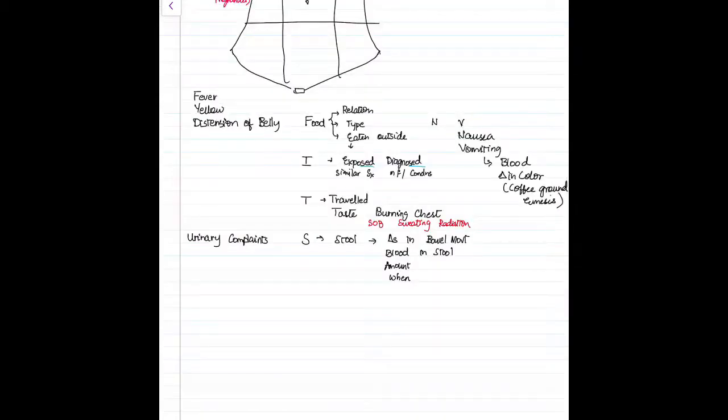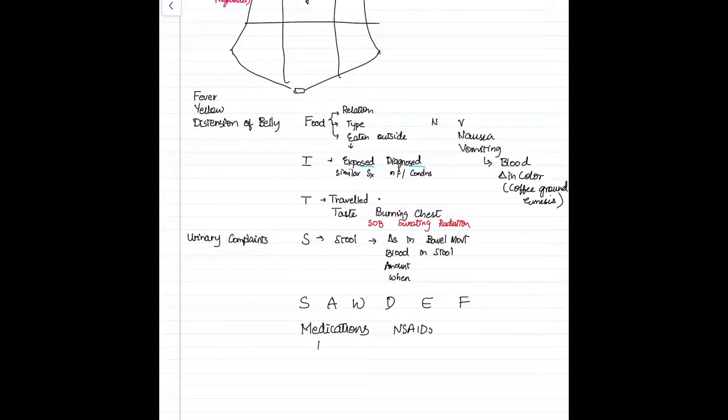So apart from this, we are also going to ask important history, which is sleep, appetite, weight changes, diet, exercise, and fatigue. These are very important. Also, travel history is very important, which we have asked here. We are also asking about urinary complaints. And the next thing we have to ask about is medications, because the patient can be taking NSAIDs that can cause gastritis.